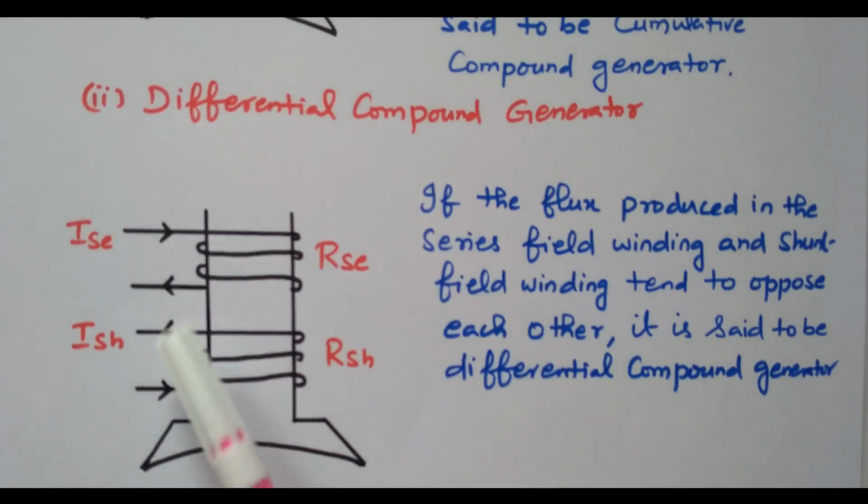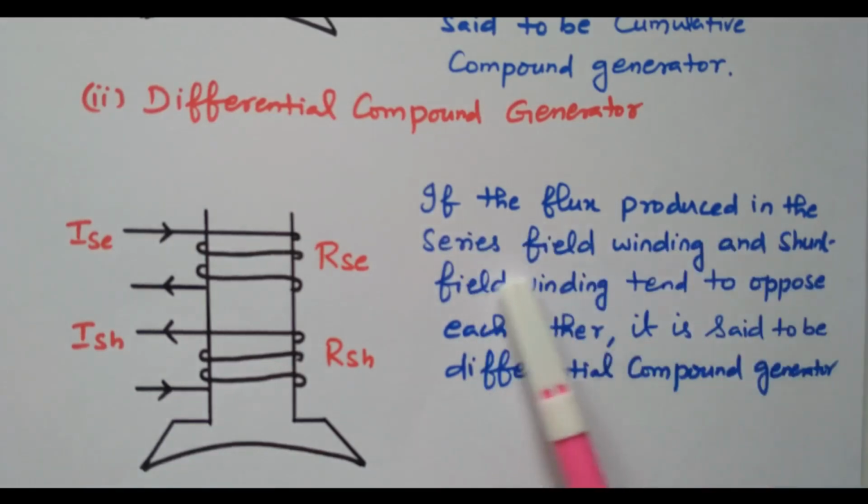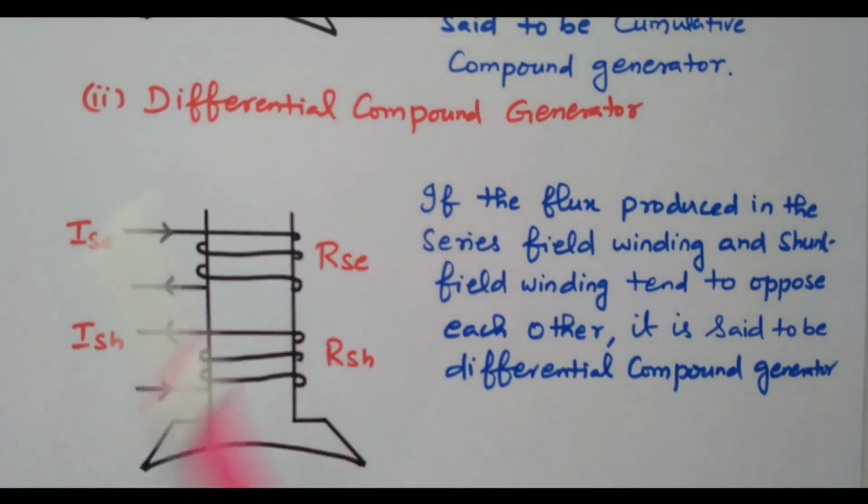The current directions are not equal, both are opposite to each other. That is, if the flux produced in the series field winding and shunt field winding tends to oppose each other, then it is said to be a differential compound generator. Right? Here current directions are opposite and flux is also opposite, so it is called a differential compound generator.